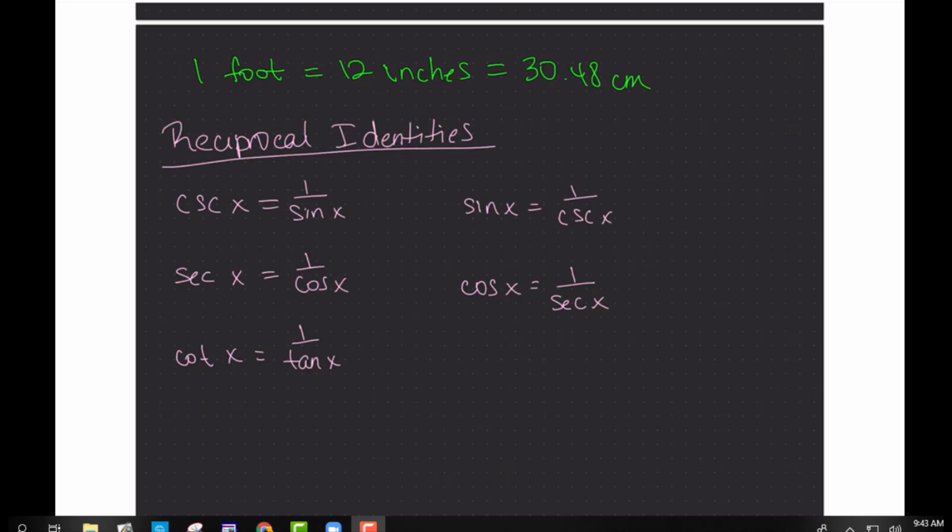And last but not least would be tangent of x, and tangent of x would be 1 over cotangent of x. Right? So these all mean the same thing. We're just writing them differently. So if I have cosecant and I don't want it written as cosecant, I could just substitute in 1 over sine of x, right? Just making that substitution.